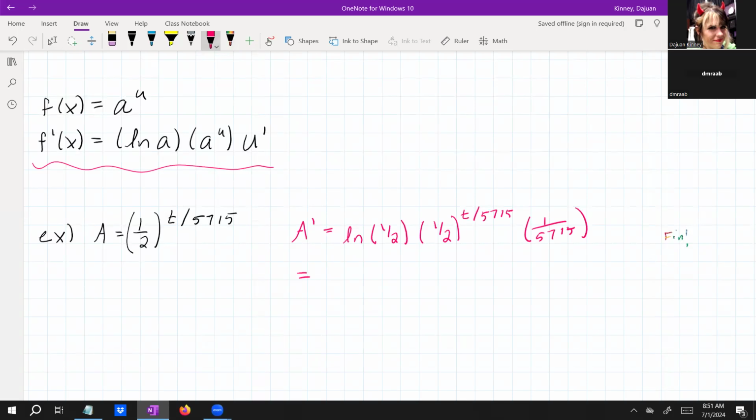How do I want to clean this up? Negative natural log of 2 times 1/2 to the t/5/715 all over 5/715. Or we could just leave it like we had above.